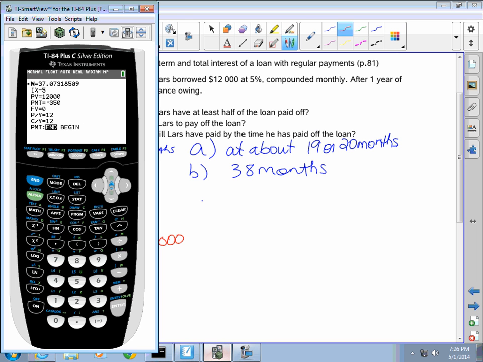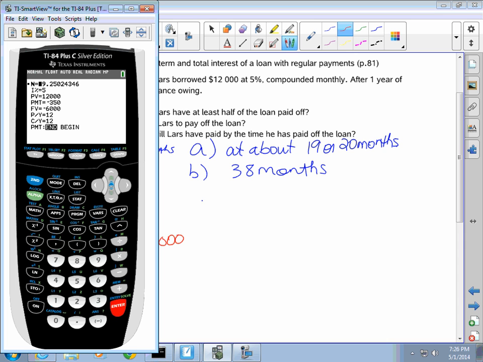If I go to future value of 6,000 and then go back up to the number of months, you see it's 19.25, or between 19 and 20. So either way you could do it.